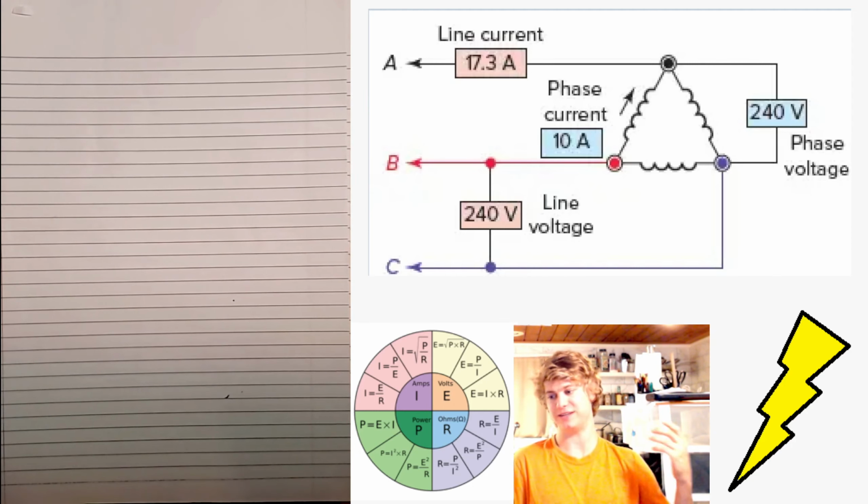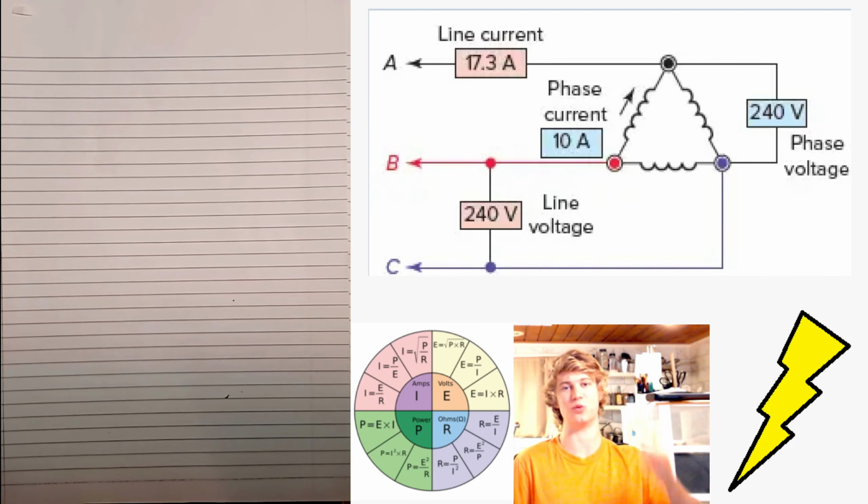The line current of a delta connection is higher than the phase current by a factor of the square root of 3, which again is 1.73. This is because the current of each of the phases has a 120 degree delay or shift that has to be taken into account. This is why you have that square root of 3.